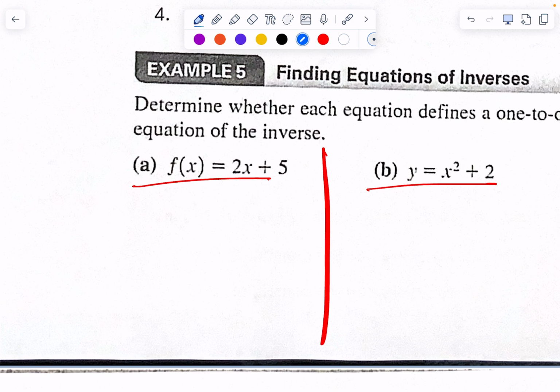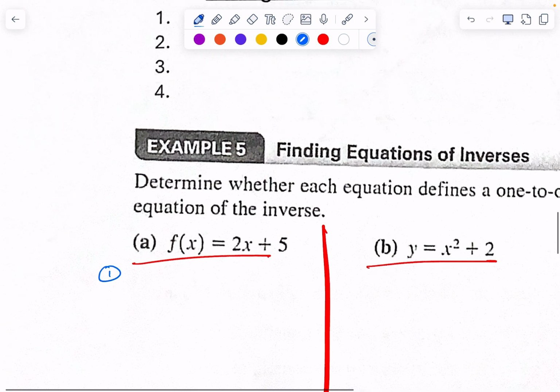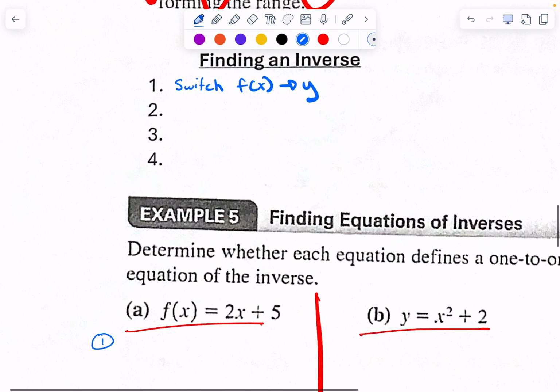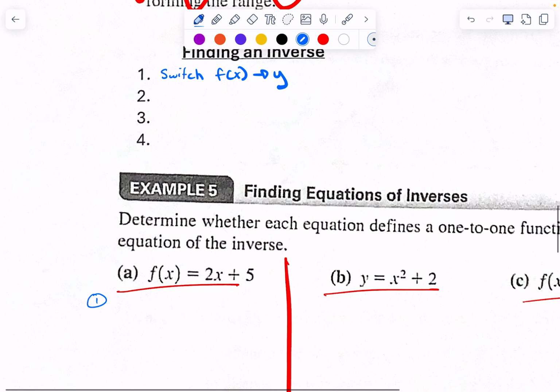Step number 1 is you switch f of x to y. You call it y instead. So for part A it will just be y equals 2x plus 5. That's pretty easy.